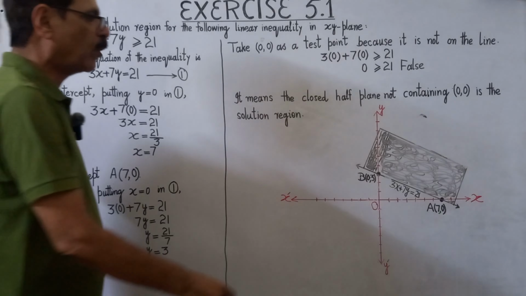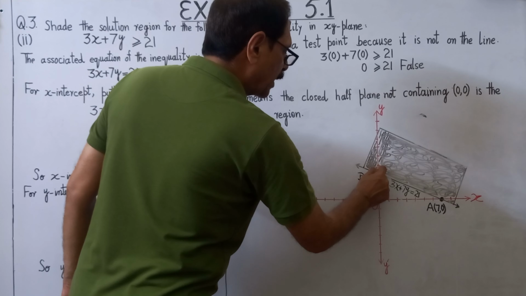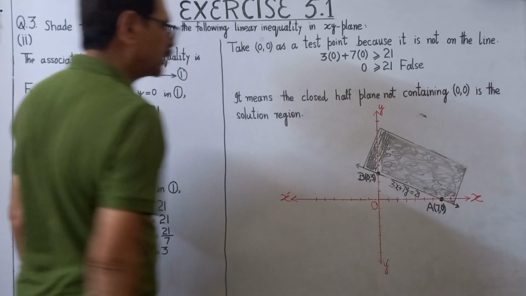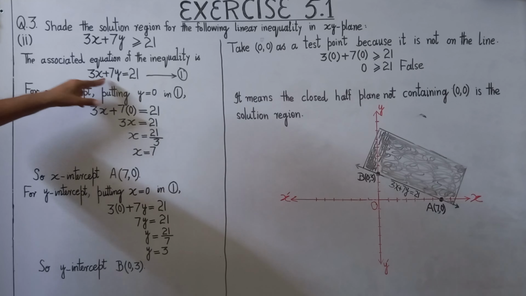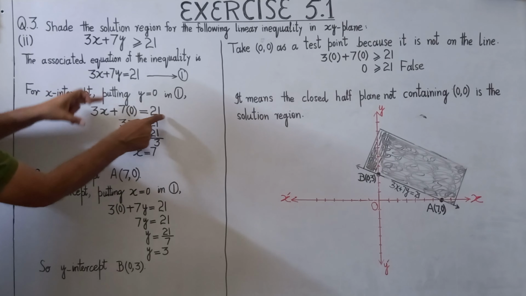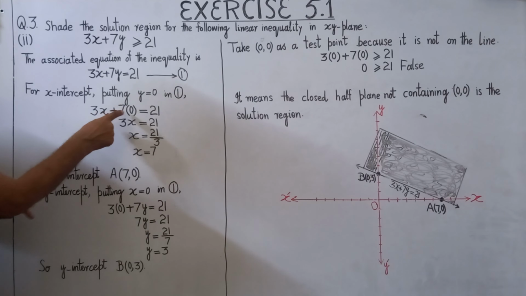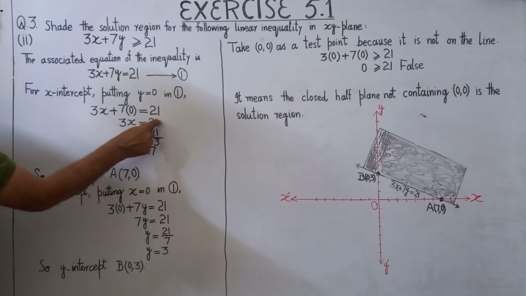Y-intercept means the point on the line which cuts the y-axis, which is point B in this case. For x-intercept, putting y equal to 0 in equation 1, 3x plus 7 into 0 is equal to 21. 7 zeros are 0, so 3x plus 0 is 3x, equal to 21.